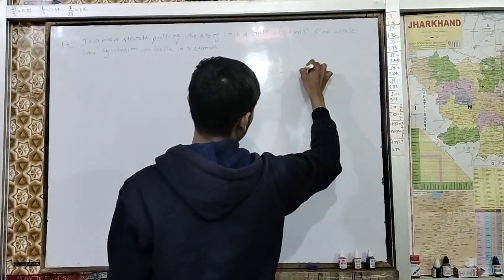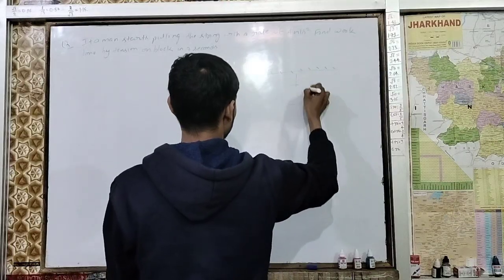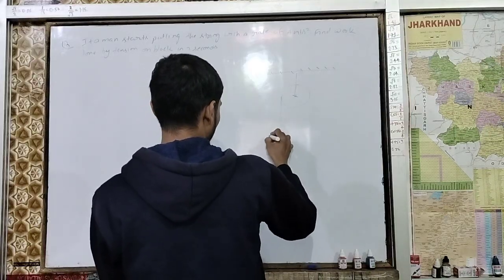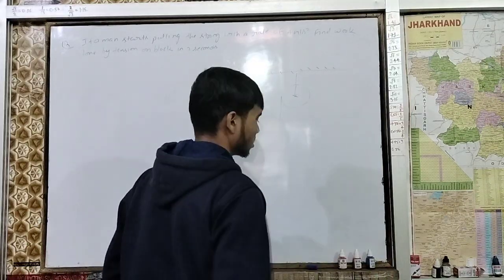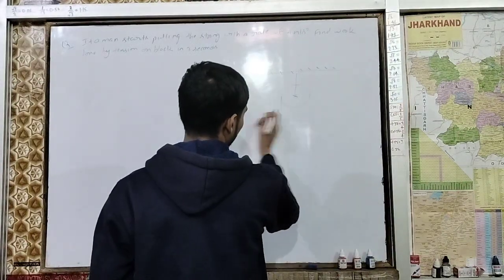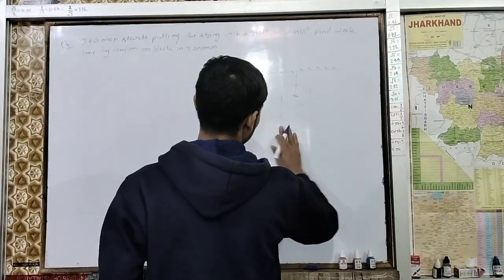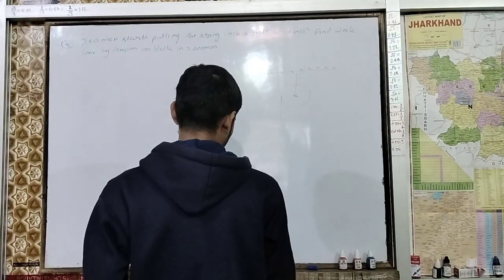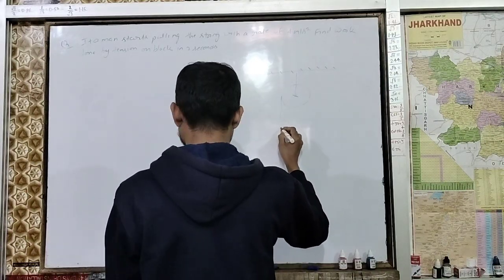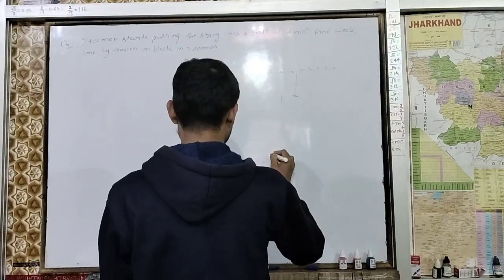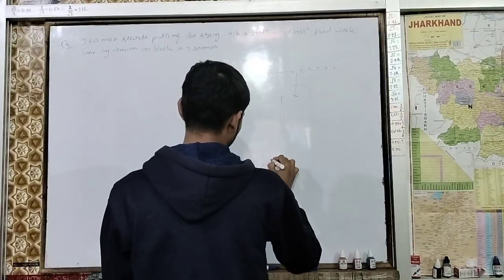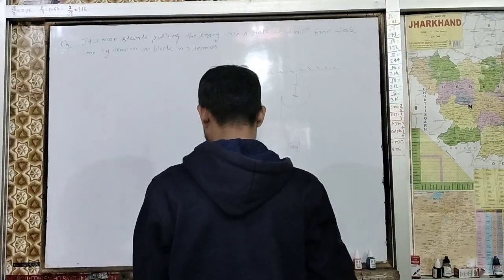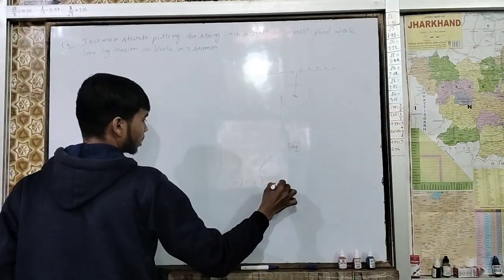The figure is something like this. The pulley is fixed. Five kg block. The man is on the earth.